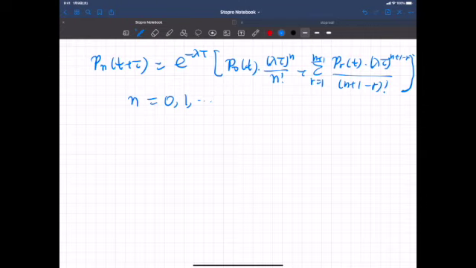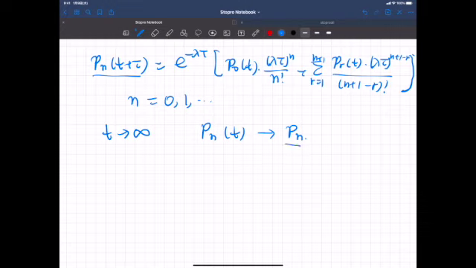So again, we use the limiting process. If t goes to infinity, then we assume each of these Pn of t will approach some constant value, which does not depend on time. So in this case, we don't have any derivatives, but we can just replace these functions of t with constants like Pn.